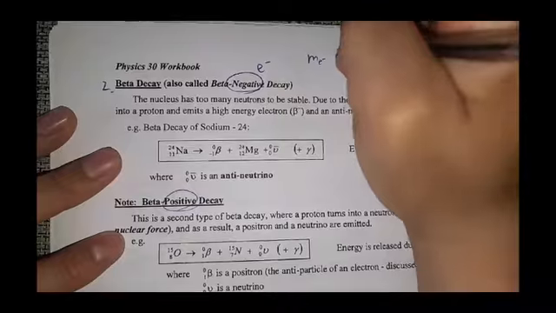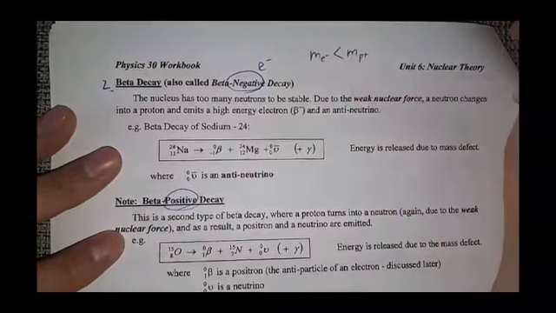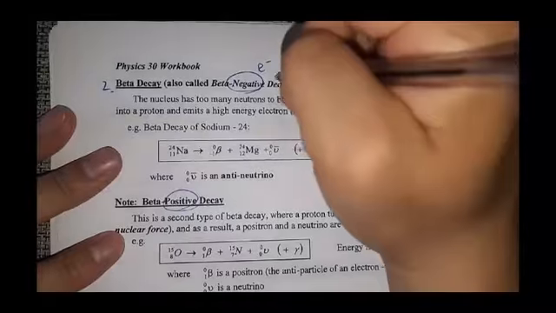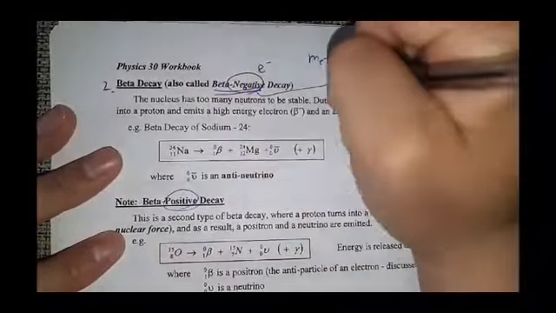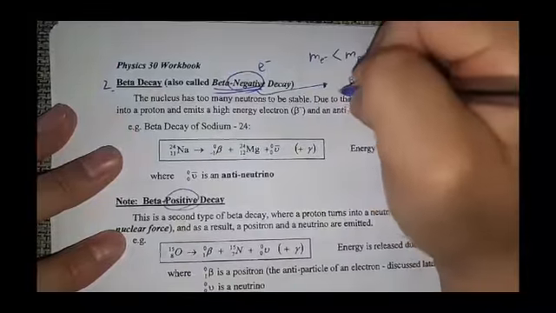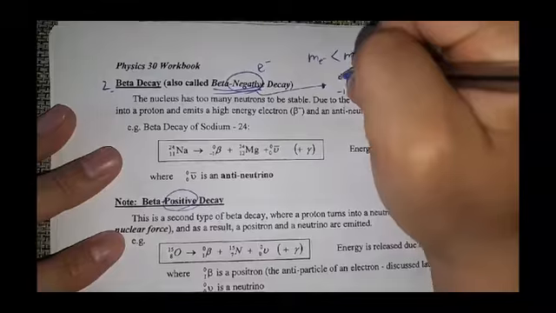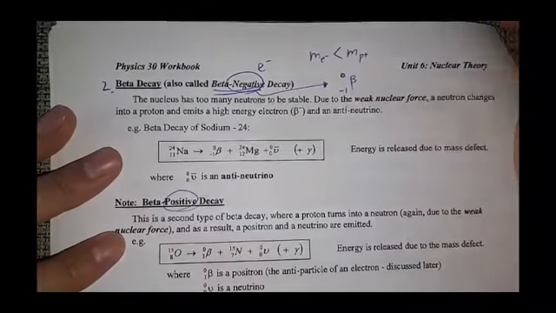Because the mass of an electron is smaller than a proton's, beta negative particle is notated as beta with -1 as the charge at the bottom and mass number as 0. That is what beta negative is.